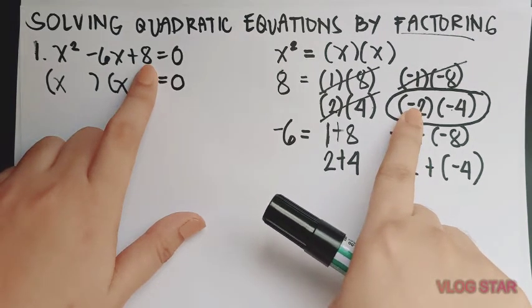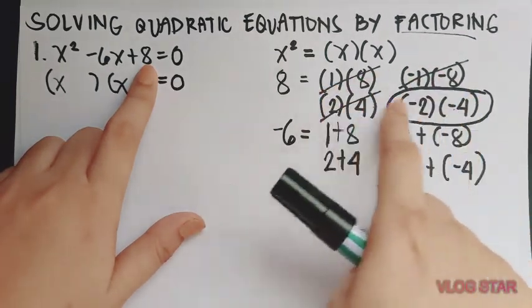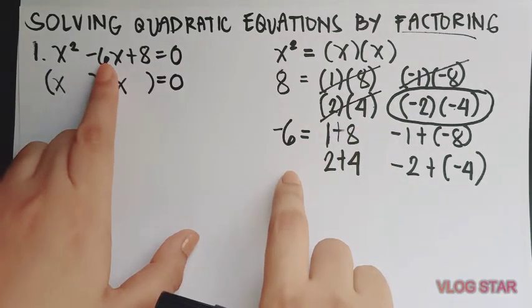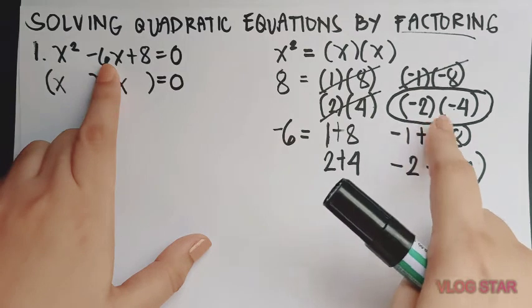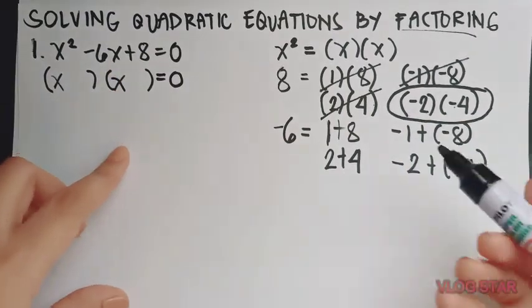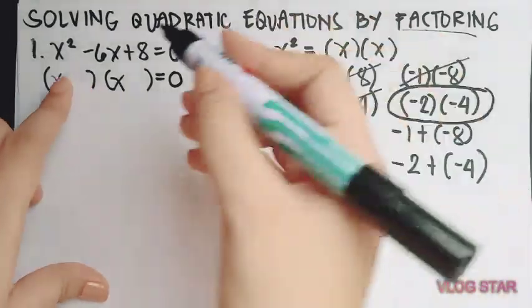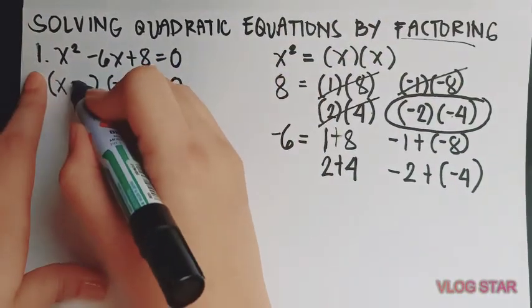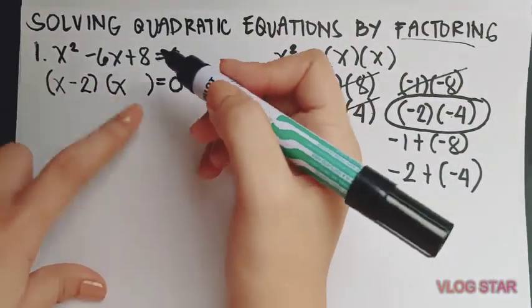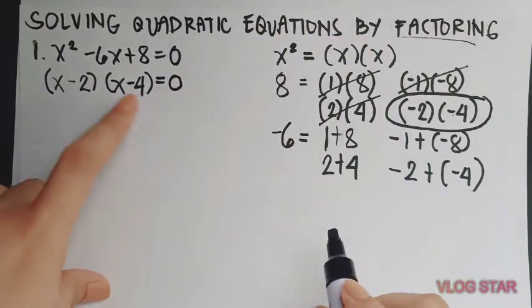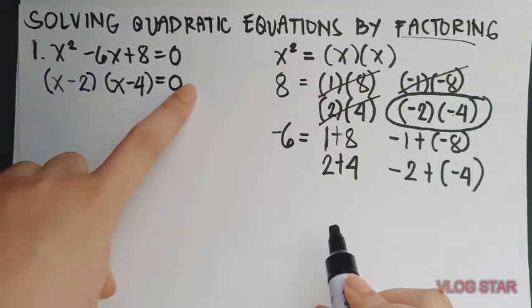Then we got the factors that will give us negative 6 as the sum, and these are negative 2 and negative 4. So these are the terms that we're going to write in the parentheses, and of course we have to take their signs. So we have x minus 2 and x minus 4, and these are the factors of this equation.